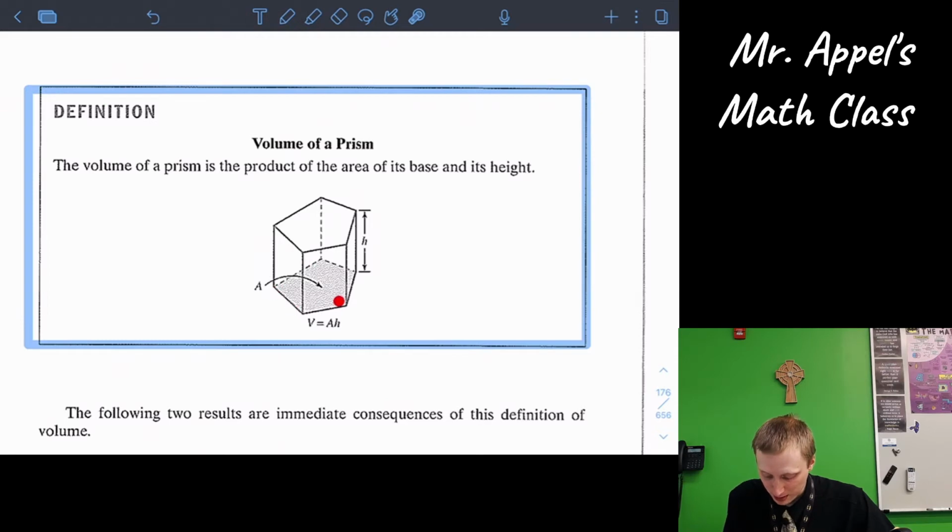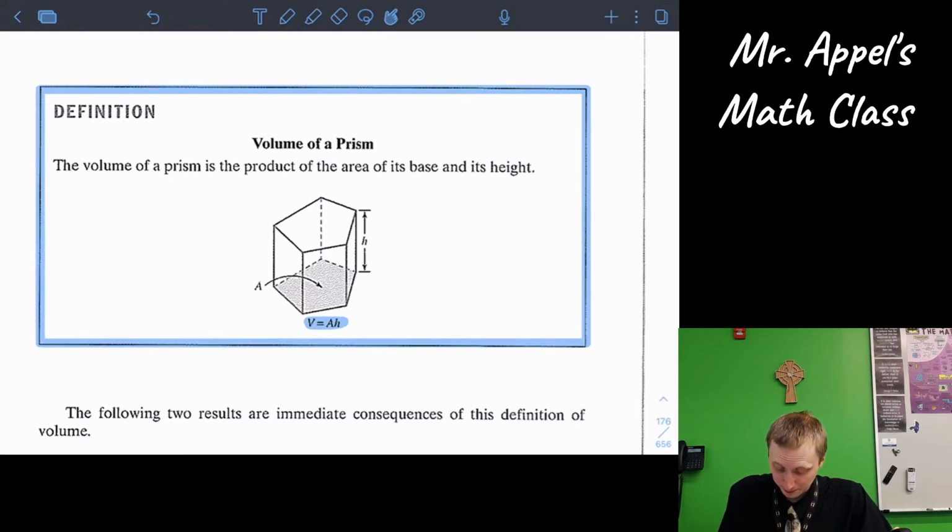So the area of the base, if that is a rectangular base, it's the area of the rectangle. If that is a pentagonal base, as we have here, you must find that first, multiply by the height of the prism, which is always going to be the distance between two parallel faces, the bases of the prism. So make sure you have that definition in your notes.